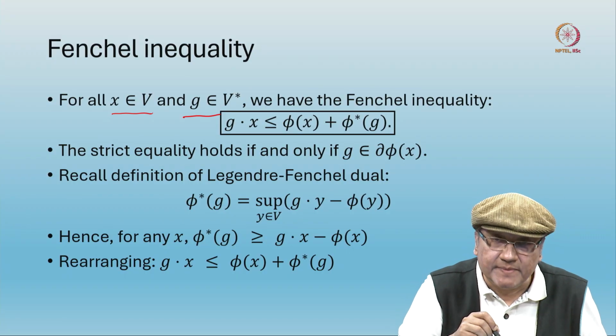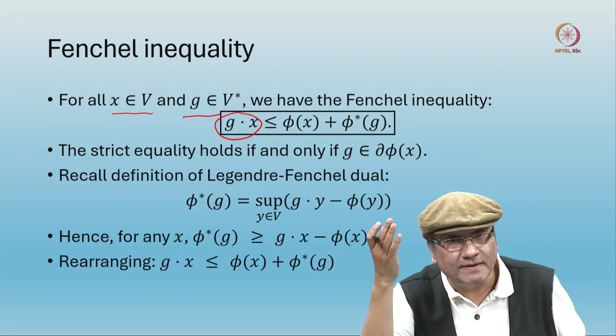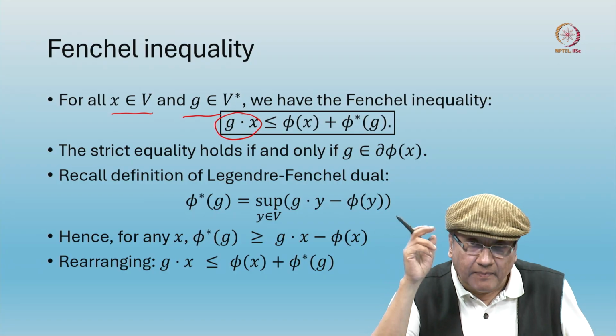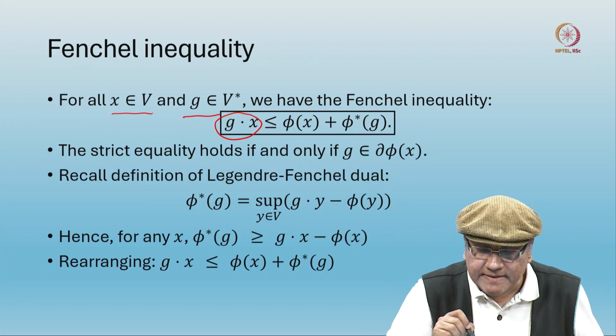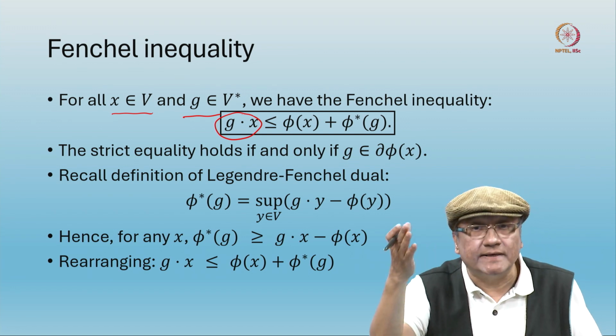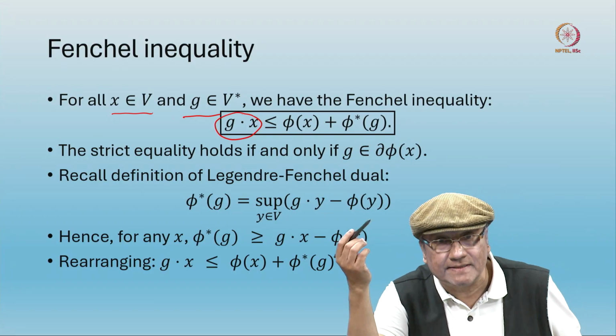Stress times strain rate on the left hand side, which is basically some power. If you just take the stress arbitrarily, that must be less than or equal to the sum of phi x and phi star G. Phi star, as I told you, is a function of stress like quantities G. Phi is a function of the strain rate like quantity x, right.